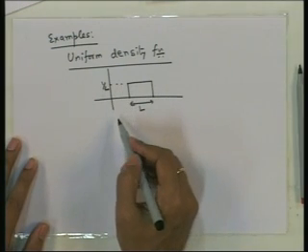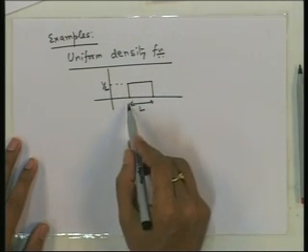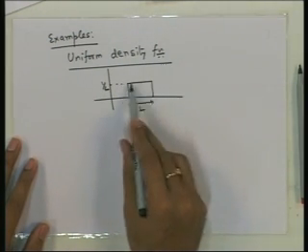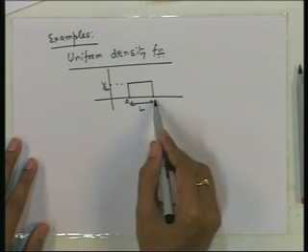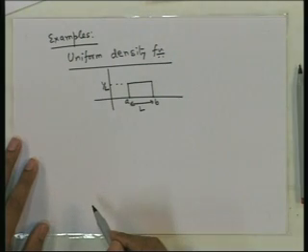So, this basically says that this is uniform, the probability is distributed uniformly in this range A to B.